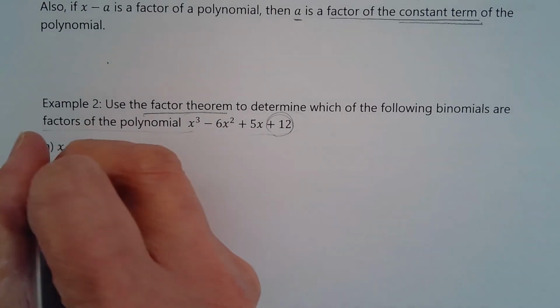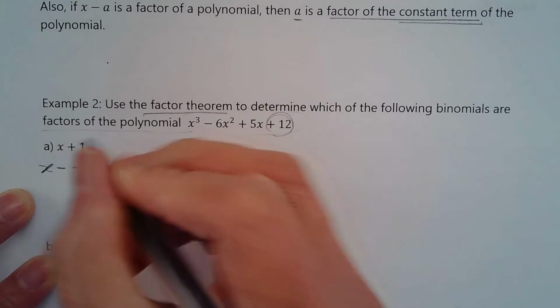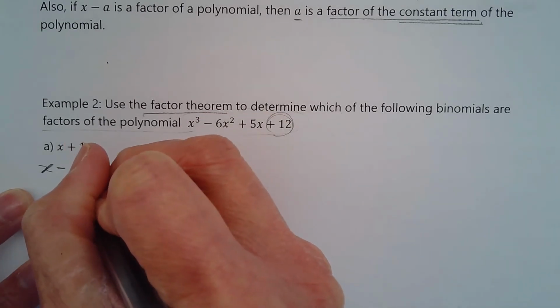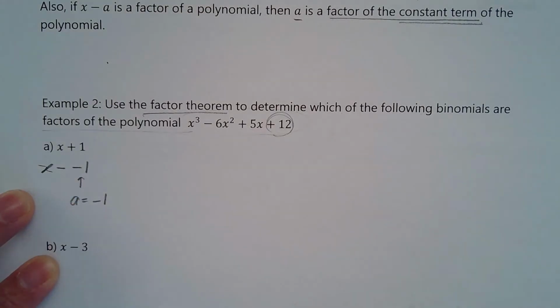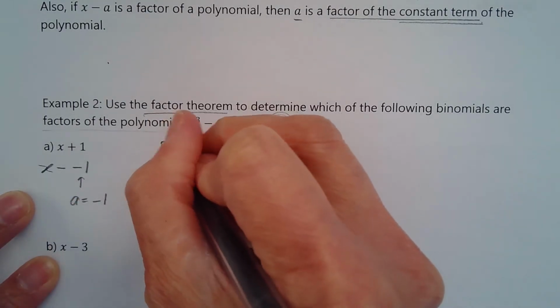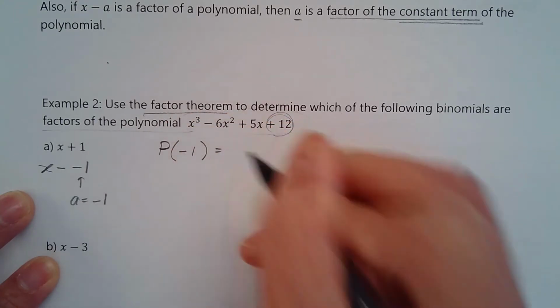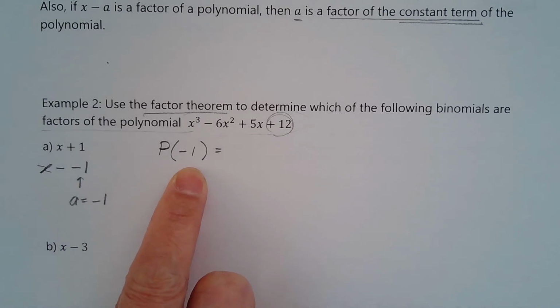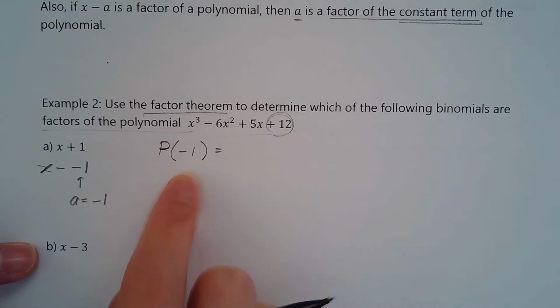Minus 1, because it's going to be x minus negative 1. So a is equal to minus 1. What we're going to do is figure out the remainder, which is p of minus 1.